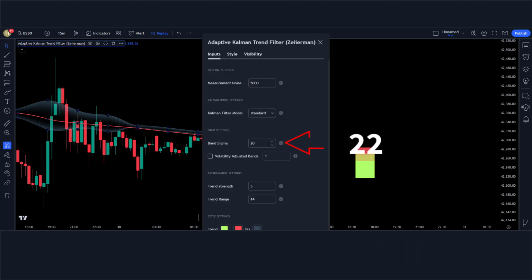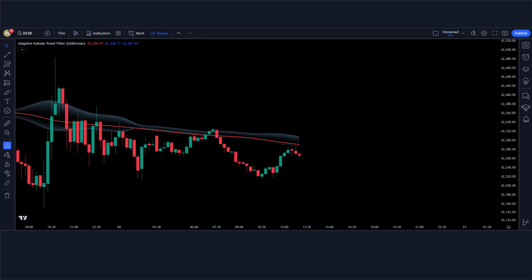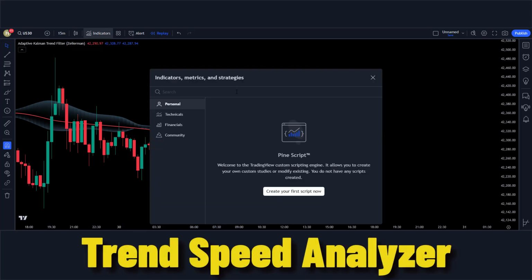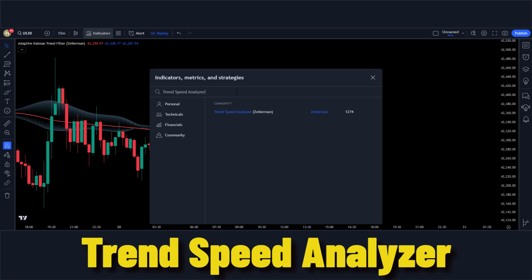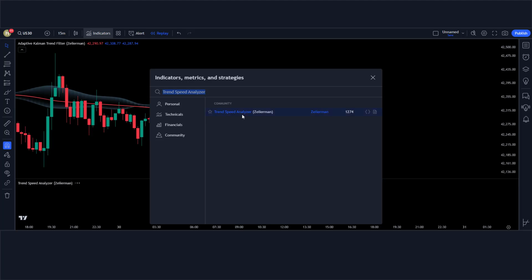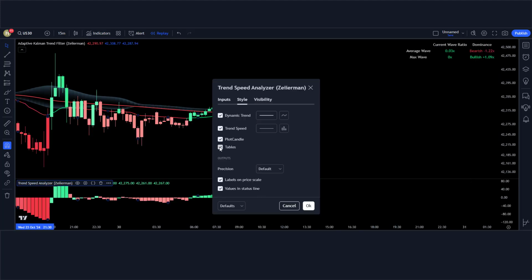Keep the indicator settings as I have shown here. Second indicator name is Trend Speed Analyzer. Keep the indicator settings as I have shown here.